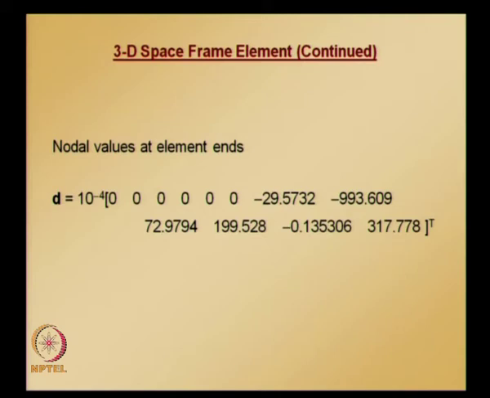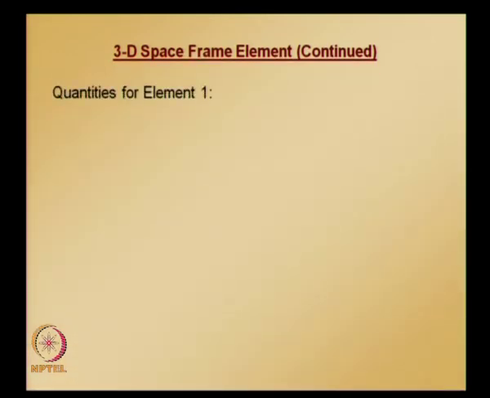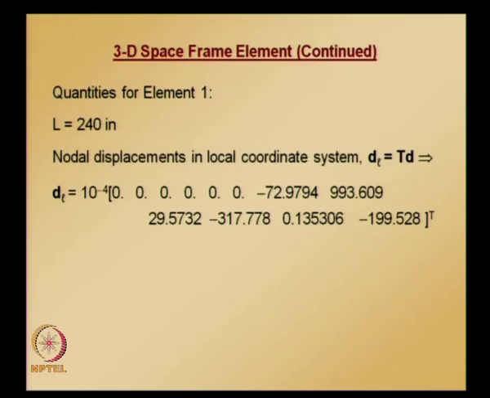These are the nodal values in the global coordinate system for each of the elements 1, 2, 3, and once we get this global displacement vector, we can use the transformation matrix and get the local displacement vector. For element 1, using the transformation matrix we can get nodal displacements in the local coordinate system, and the displacements in the local coordinate system turn out to be this.